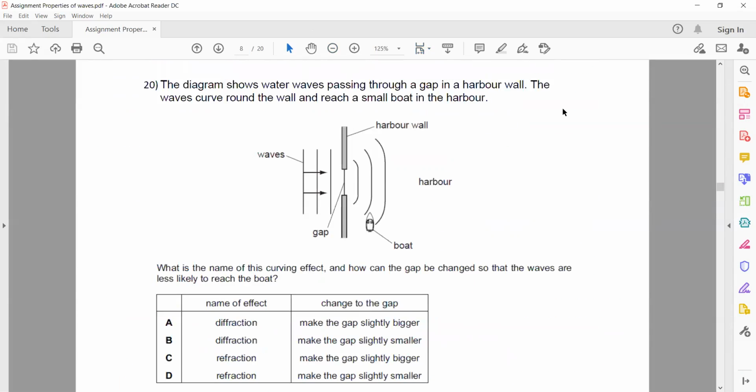Question 20. We don't want the waves. How can the gap be changed so that the waves are less likely to reach the boat? We want to reduce the effect.